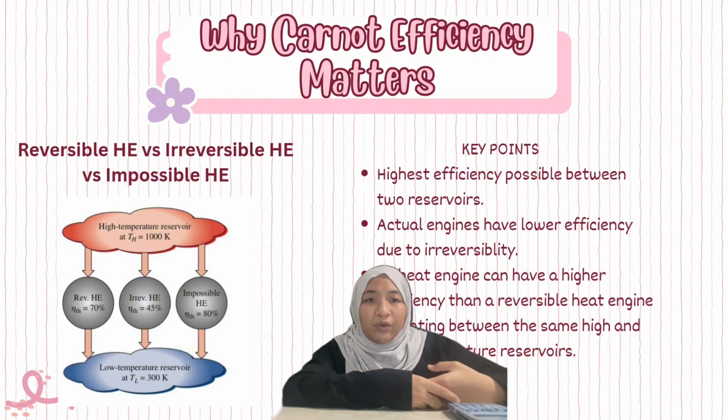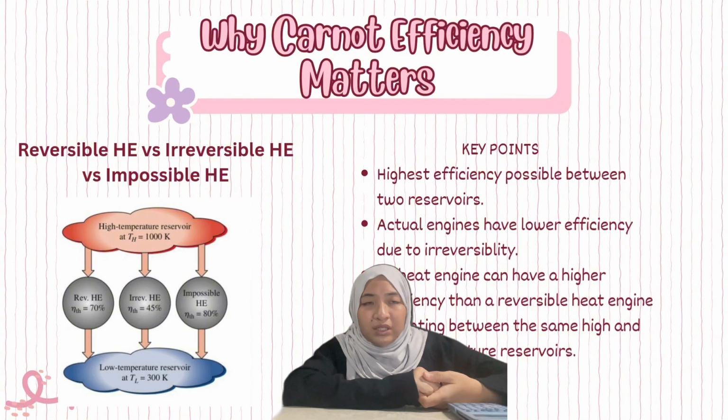Real engines cannot reach 70% efficiency because they lose energy to friction, and 80% efficiency is impossible because it breaks the laws of physics. Remember, Carnot's 70% efficiency is nature's limit. Real engines do less. Better than Carnot cannot exist.